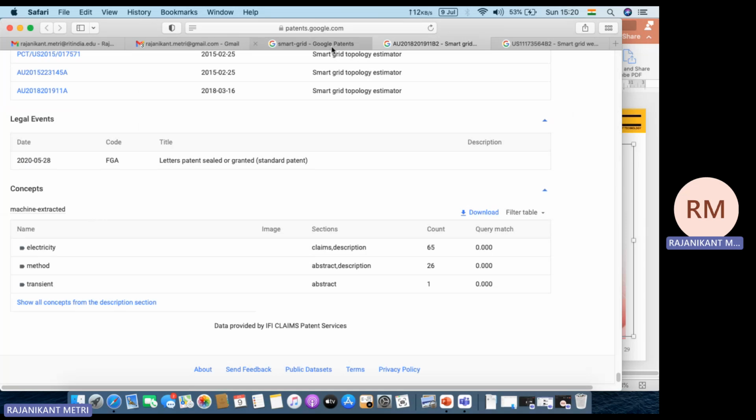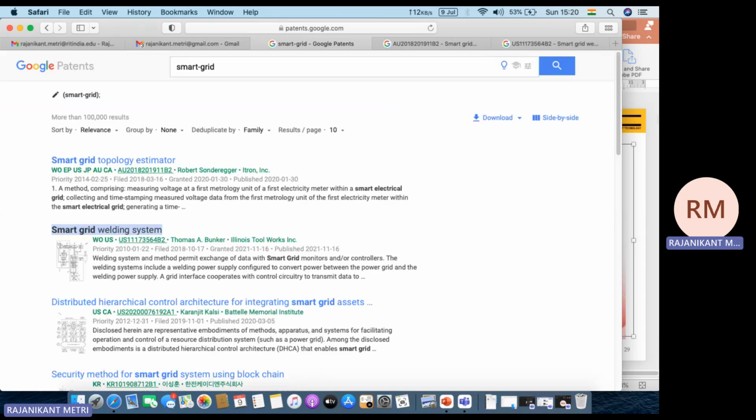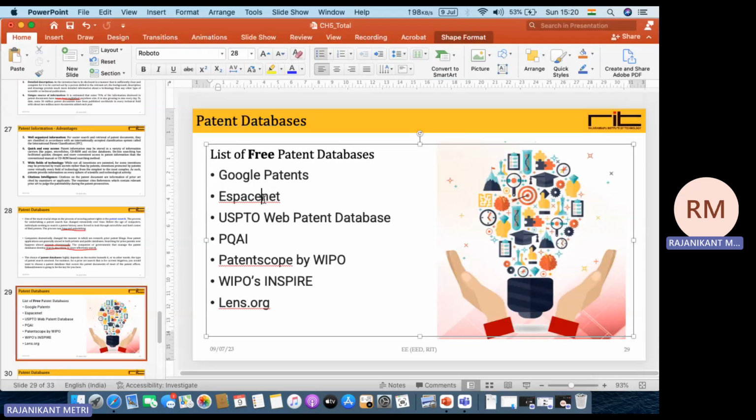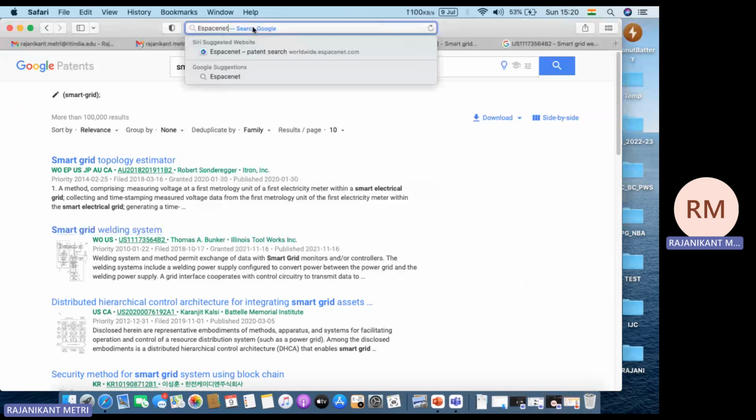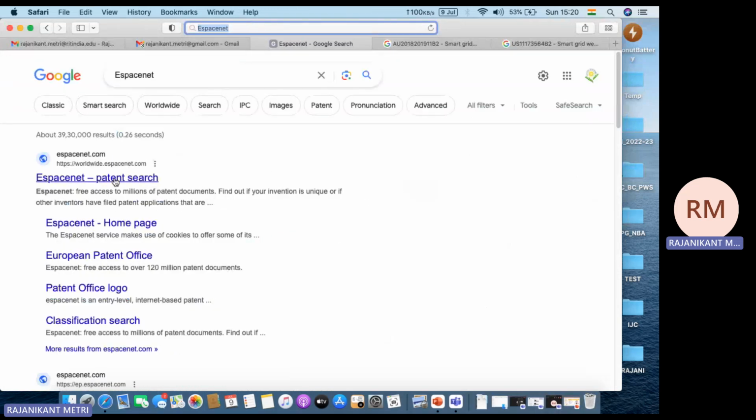So this is Google Patents. Then the second one is Espacenet.